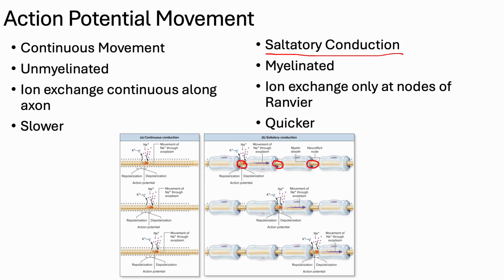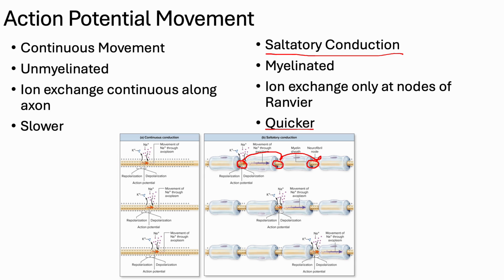You can think of the myelin as insulation. So the voltage-gated sodium and potassium channels only have to open in between the myelin, only at the nodes, where the exchange of ions has to occur. The signal is essentially skipping from node to node because that's where those voltage-gated channels are opening. Because of that, it's a much quicker movement along the axon.